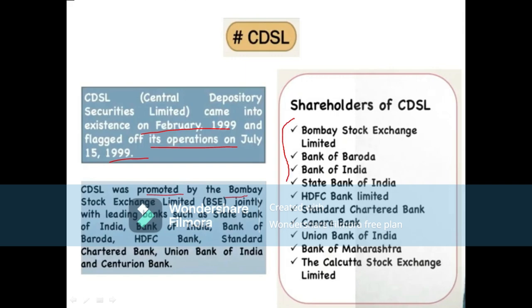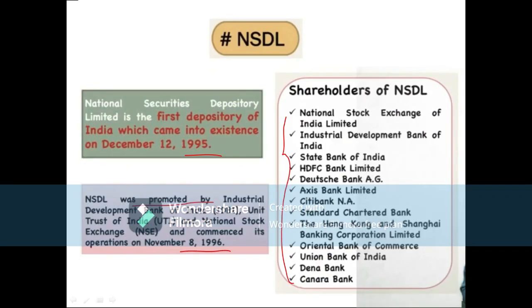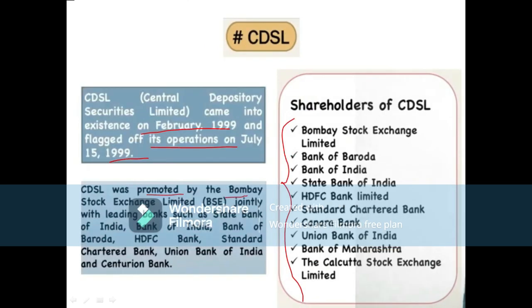All these are under CDSL. So basically two depositories are there in India: NSDL and CDSL. Under NSDL we have the NSE, National Stock Exchange, and under CDSL we have the BSE, Bombay Stock Exchange.